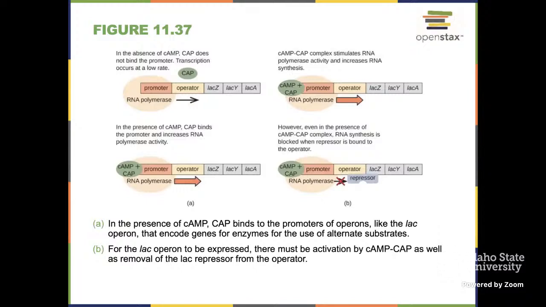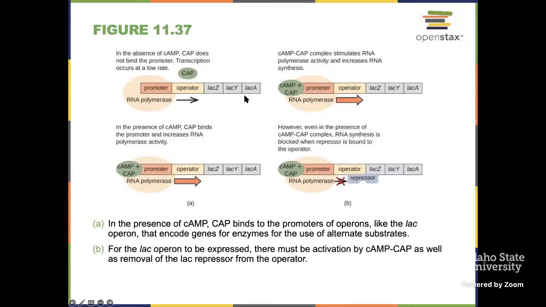All right. So, a couple of things going on here. This first bit, one bit, and the next one. So, if we've got our cyclic AMP, we'll start up here. In the absence of cyclic AMP, CAP does not bind to the promoter, and transcription occurs at a low rate.